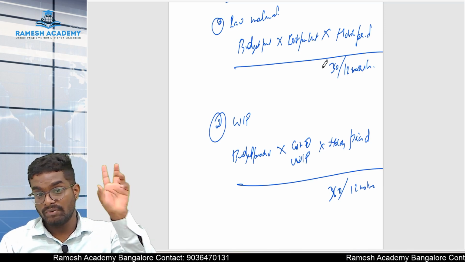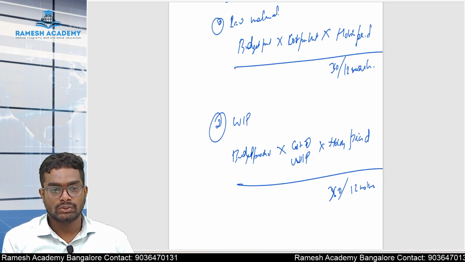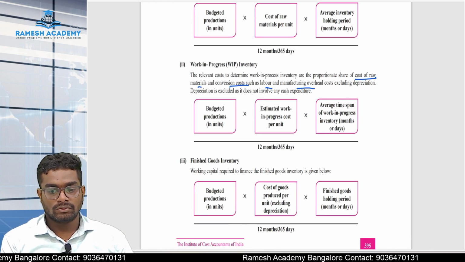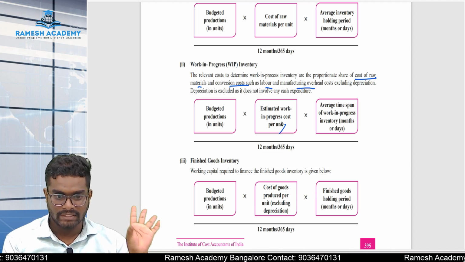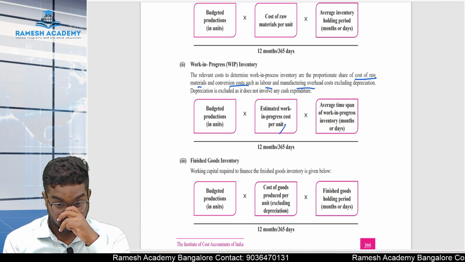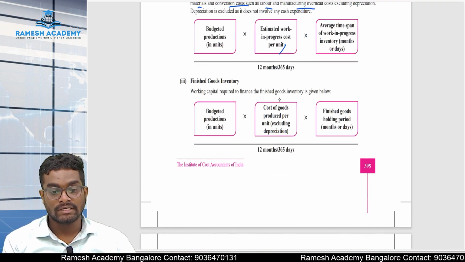So we saw the raw material, we saw the work in progress. Next we will see the finished goods. So obviously work in progress cost will include three things: direct material, direct labor and direct expenses. So it will be cost of production only, normally. Finished goods: working capital is required to finance the finished goods.